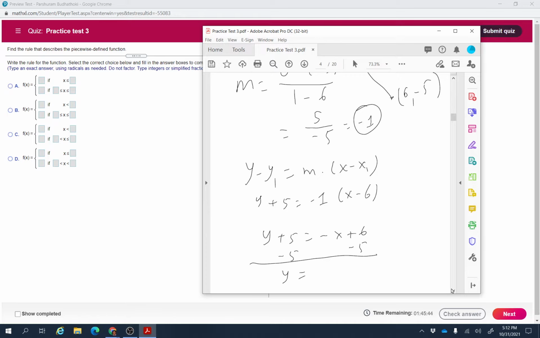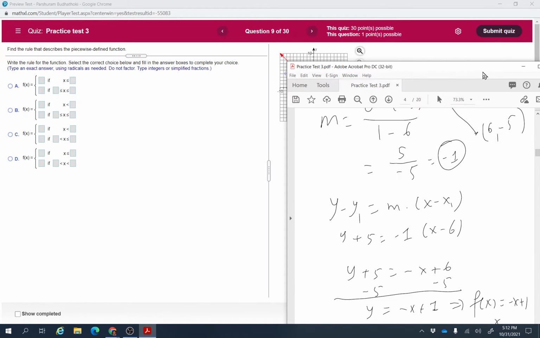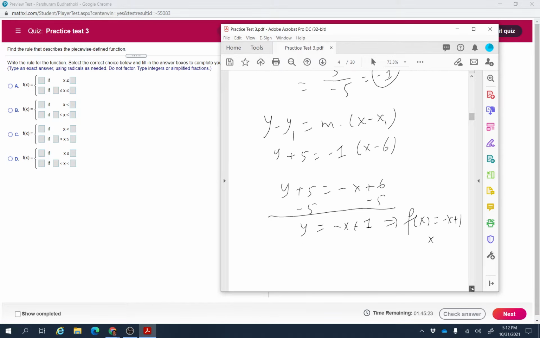That will be y equal -x plus 1. So that is the value of the function when x is, as you can see here, greater than 1 and goes up to 6.